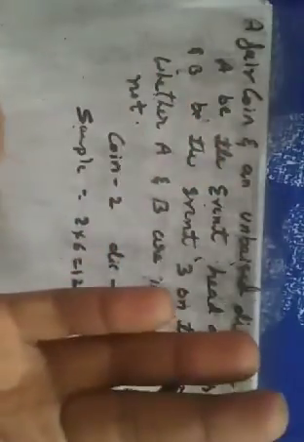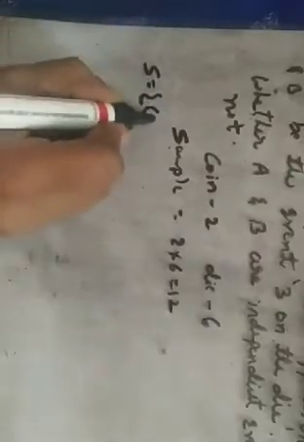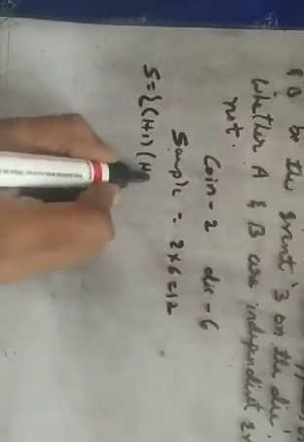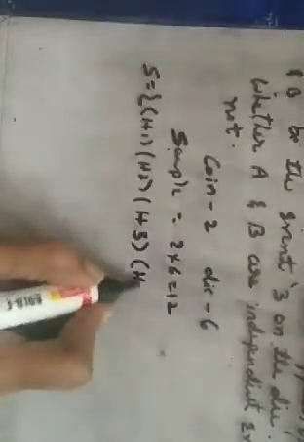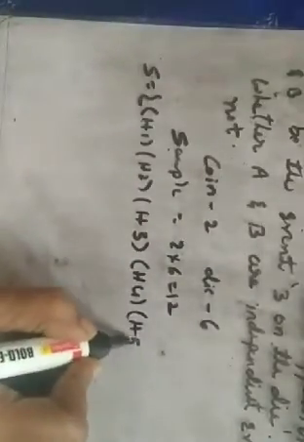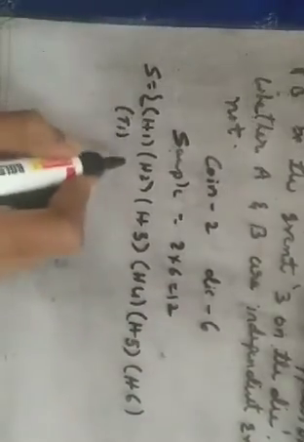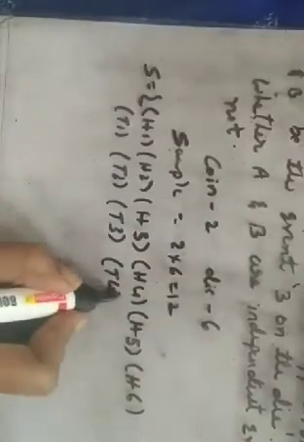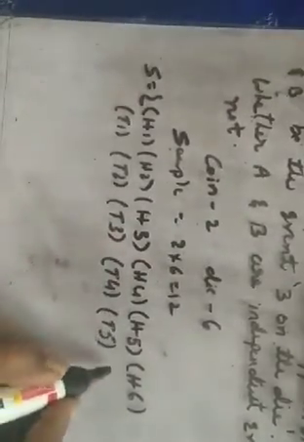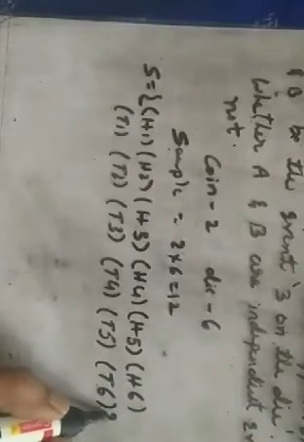What are the possibilities? You may get head 1, 2, 3, 4, 5, 6, isn't it? The possibilities are the sample space. Head 1, head 2, head 3, head 4, head 5, head 6, or you may get tail 1, tail 2, tail 3, tail 4, tail 5, tail 6.